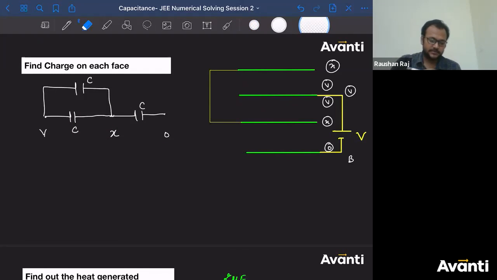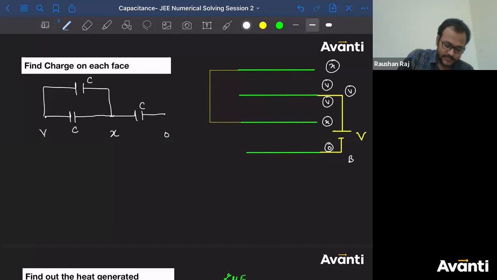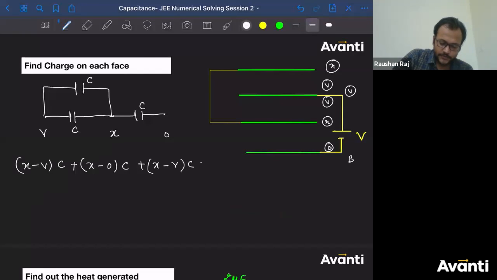First, let me consider that charge distribution only. So this is x. So I'll say x minus v into c plus x minus 0 into c plus x minus v into c will be 0. X minus v into c is charge on this plate. I am conserving charge on this system, these three plates.